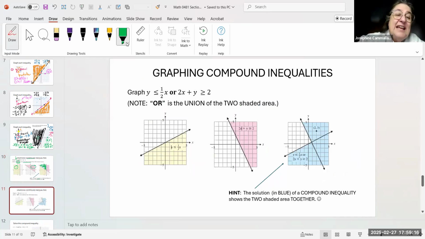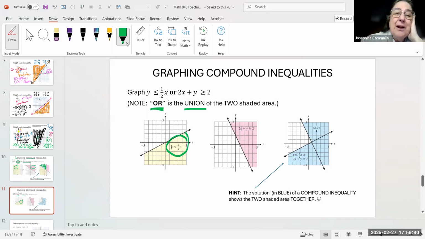Now, this is an or. Okay. Now, or is a union. This part of my graph is the first equation, y less than or equal to 1/2 x.